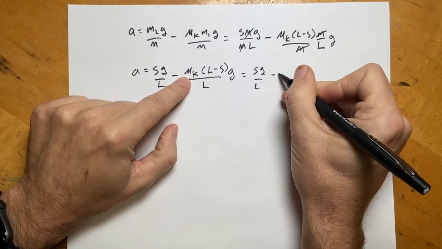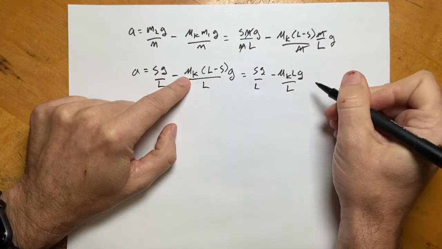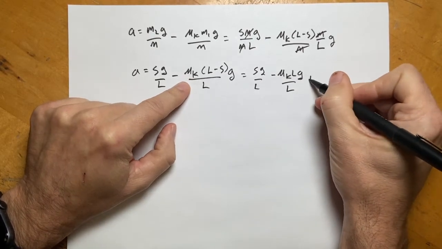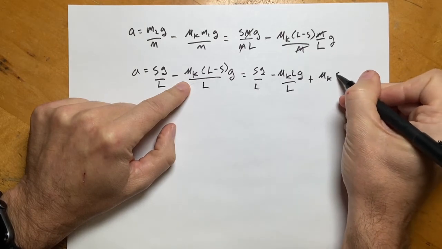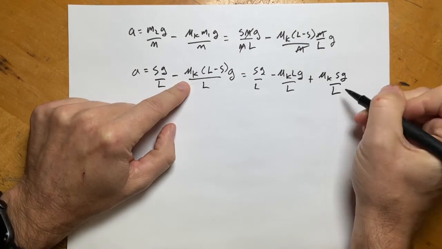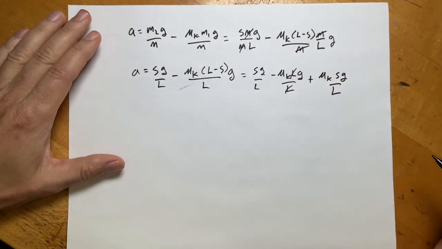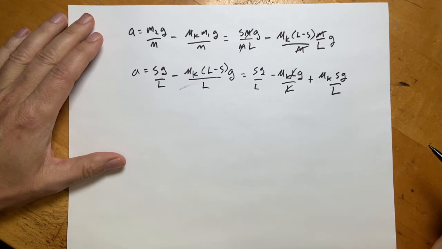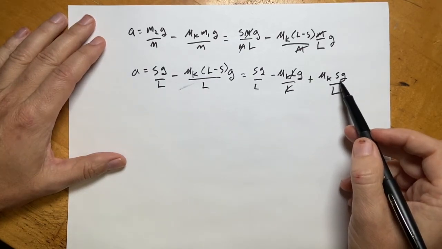So I have minus mu k L g over L plus mu k S g over L. Does that help? Those L's cancel. Well, then I have a constant term, and these two terms I could combine.